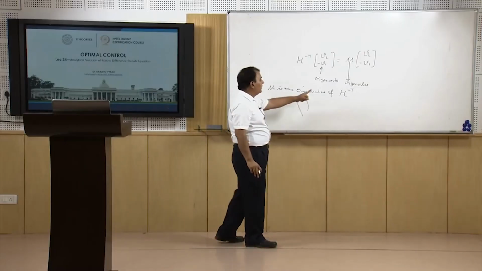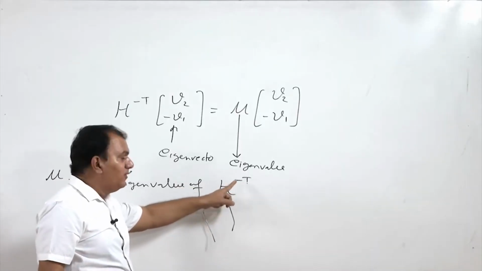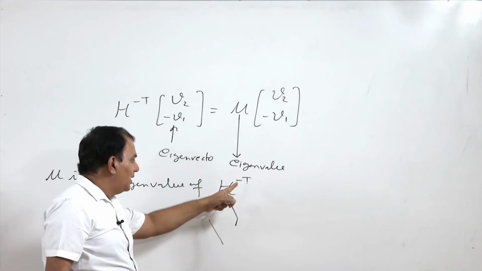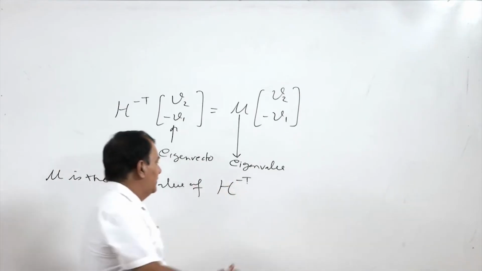So, mu is the eigenvalue of H to the power minus T, the transpose of the H inverse.